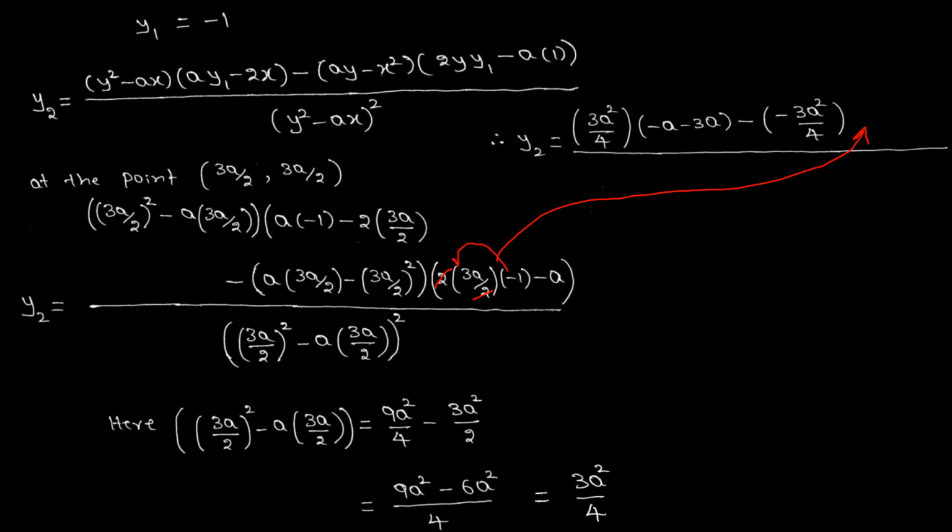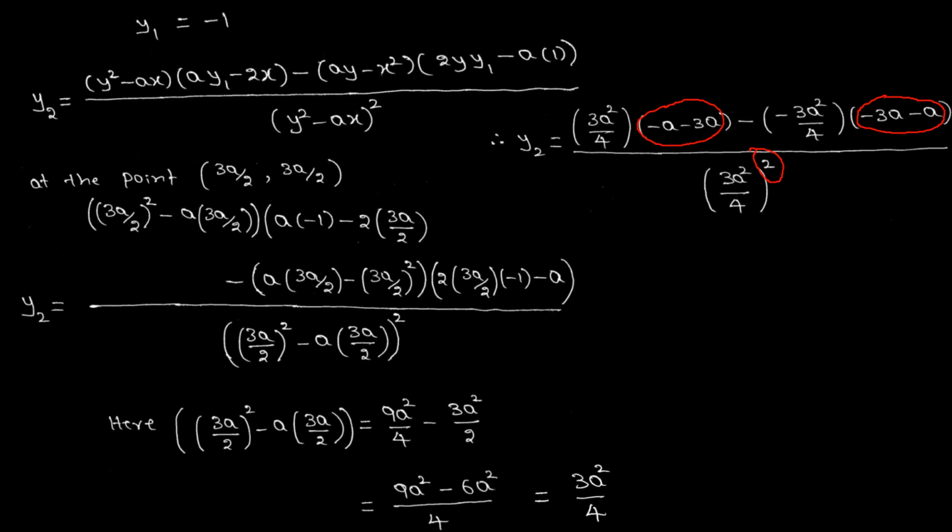When you multiply minus sign with 3a, it will be minus 3a minus a, divided by this whole square. This whole square we have written. Now further simplification: minus a minus 3a will be minus 4a, and minus 3a minus a will be minus 4a.